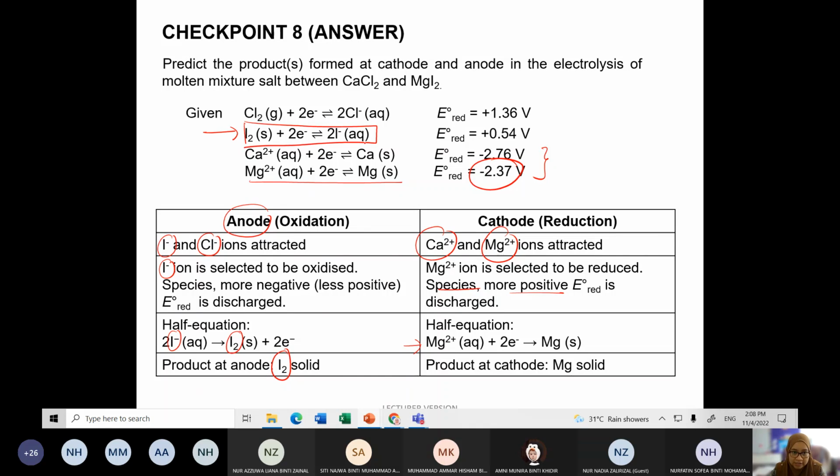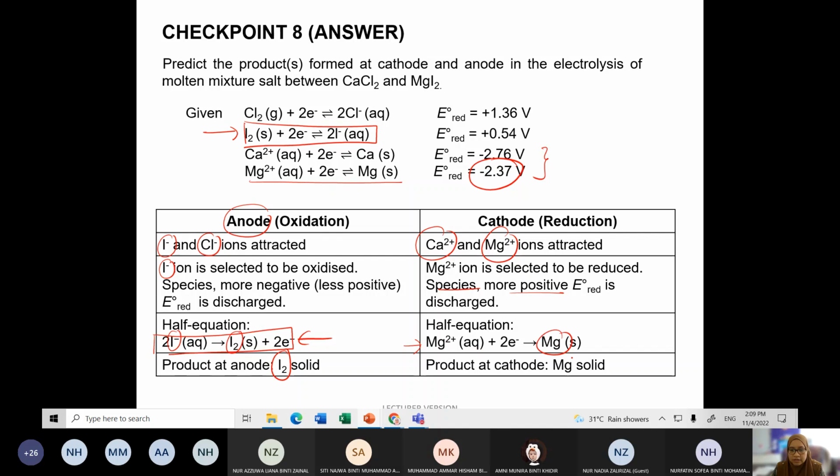This is reduction, okay guys. When we want oxidation, this is the equation that the question wants if oxidation is required. So please take note of that.